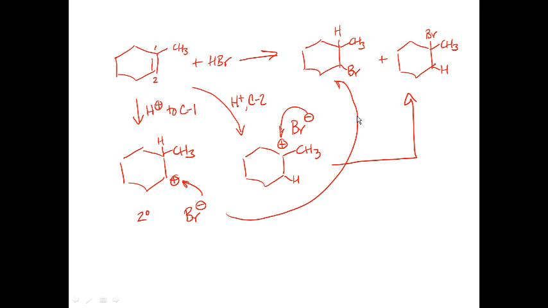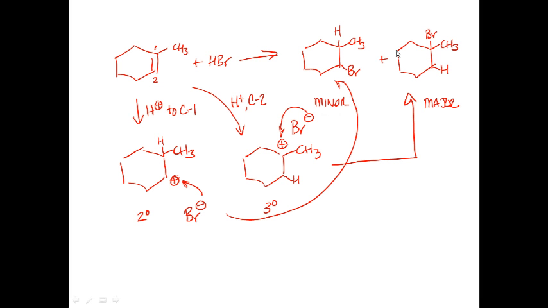So the halogen added to the carbon that was the carbocation intermediate in this mechanism. So which one of these two products is the major product? Well, I got tertiary carbocation versus secondary. That's going to make this product the major product, and then this product is going to be the minor product.